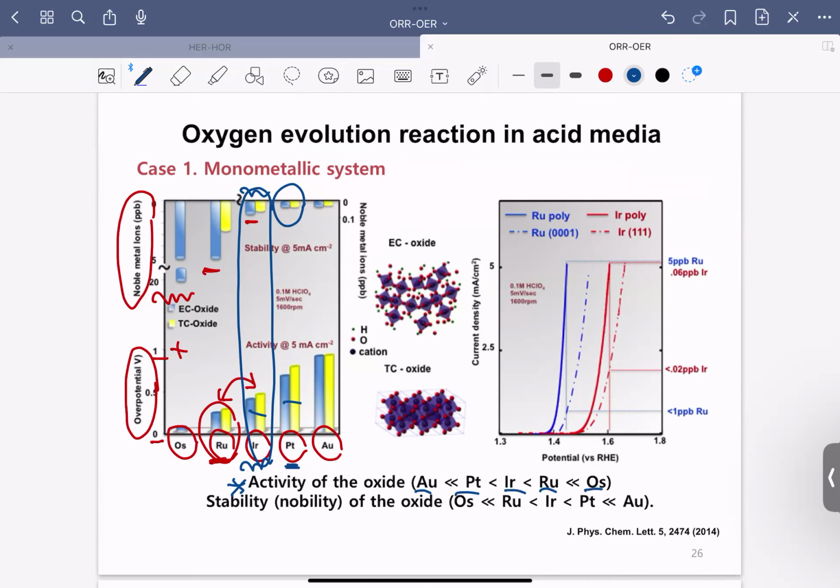And what about the stability trend? The dissolution trend shows exactly the opposite, right? The higher the activity, the lower the stability, right? So people figure out that there is a certain relationship between the activity and the stability, right? So this is the case study of the monometallic system.